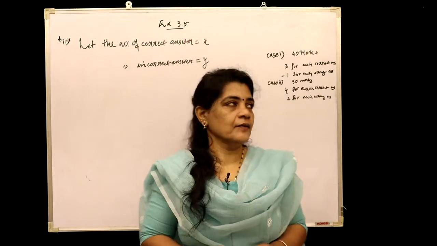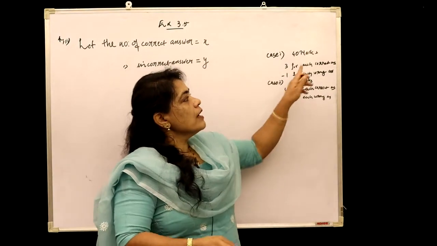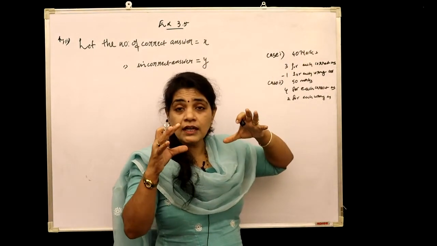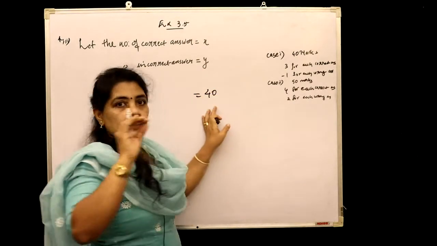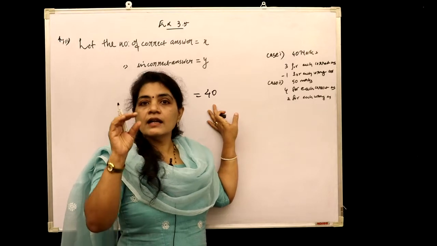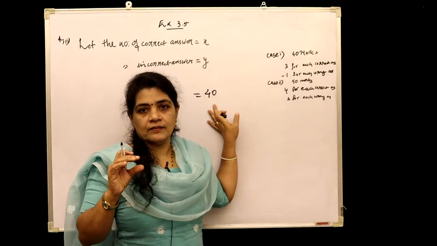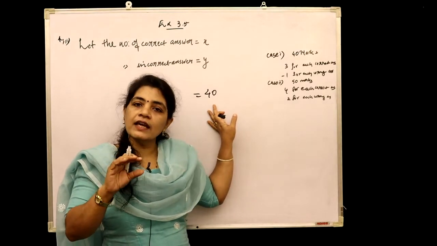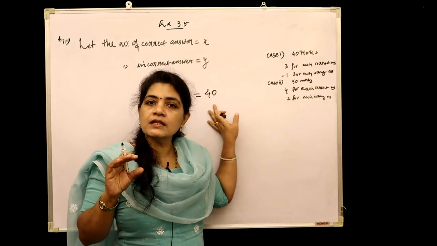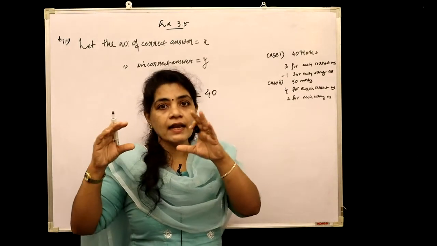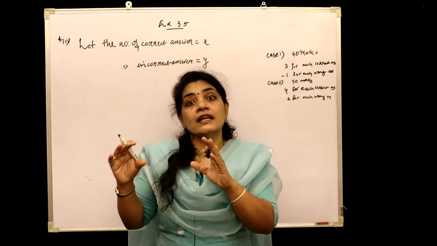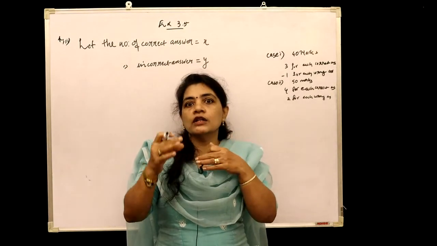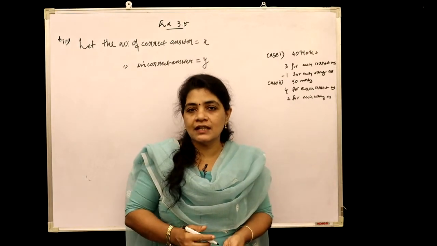Let us start, children. In the 40 marks case, the total mark is 40, and this will be when 3 marks is for each correct answer. The total number of questions means the sum of correct questions and incorrect questions will give the total number of questions in that test.